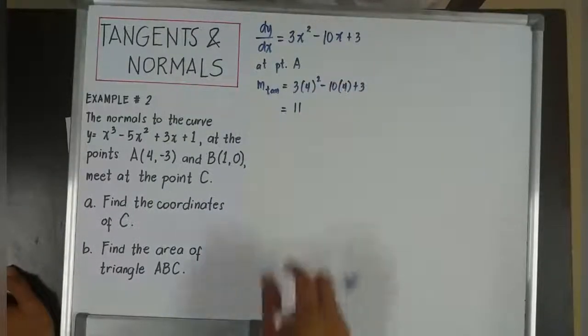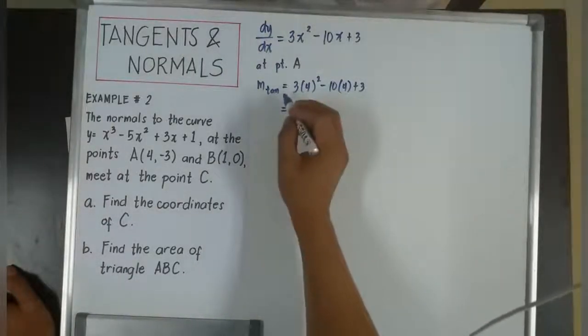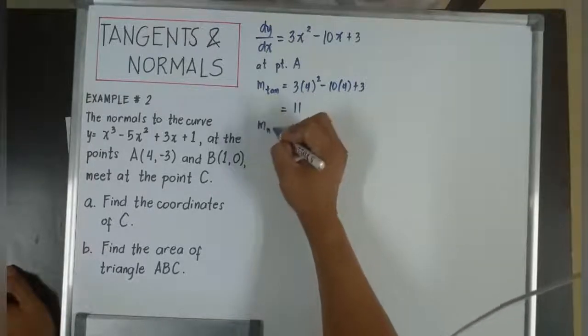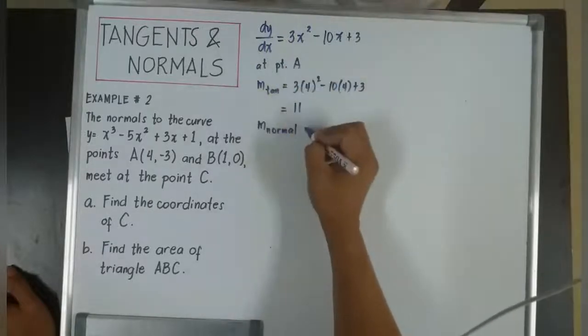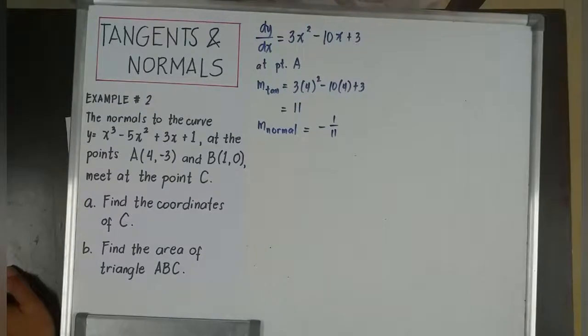Thus, you will see now, if you have the gradient of the tangent as 11, the gradient of the normal at point A is equivalent to negative 1 over 11. Okay?